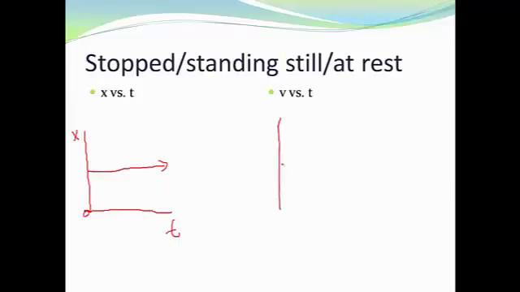On velocity versus time, we're going to have a lot more values in the positive and negative, so we'll generally draw the axes with area for both positive and negative velocity. Here, our velocity will be right along the x-axis, so it will be a velocity of 0.